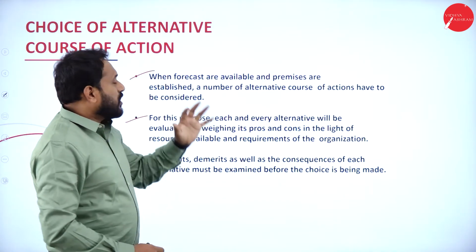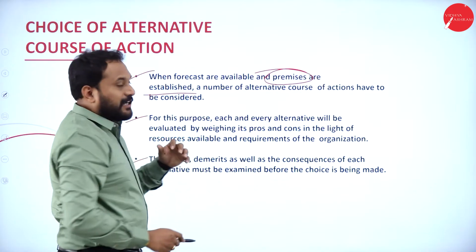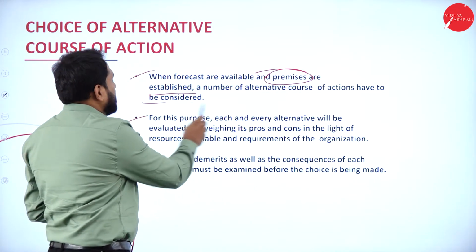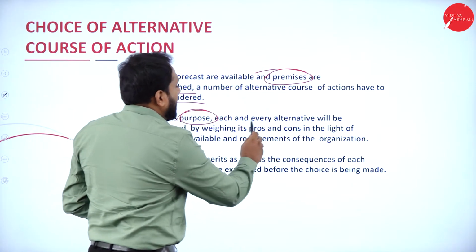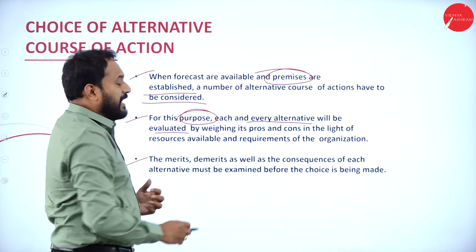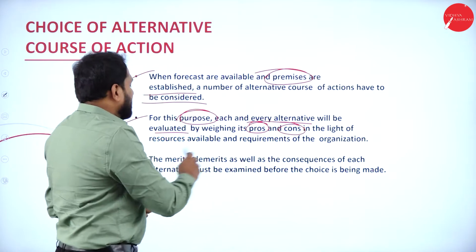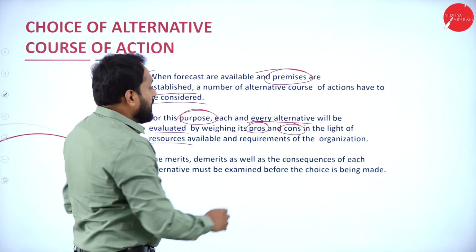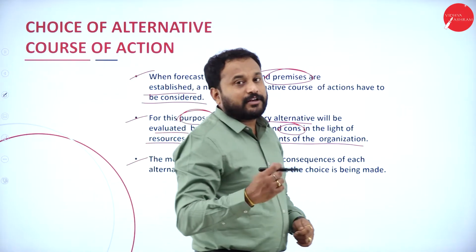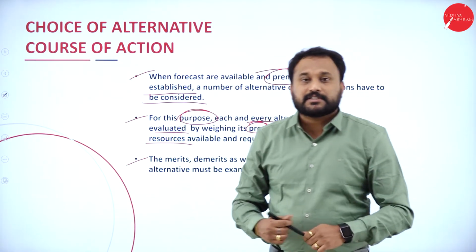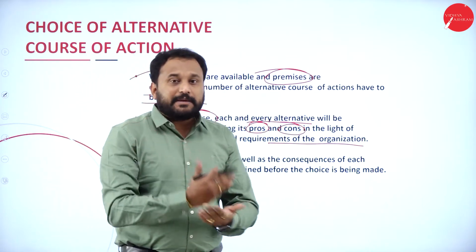So when forecasts are available and premises are established, a number of alternative courses of action can be considered. Next, for the purpose, each and every alternative will be evaluated by weighing its pros and cons in the light of resources available and requirements of the organization. The same way, Mysore to Bangalore, if you want to travel, you consider the distance, what time you are supposed to reach, whether it is very immediate, urgent.